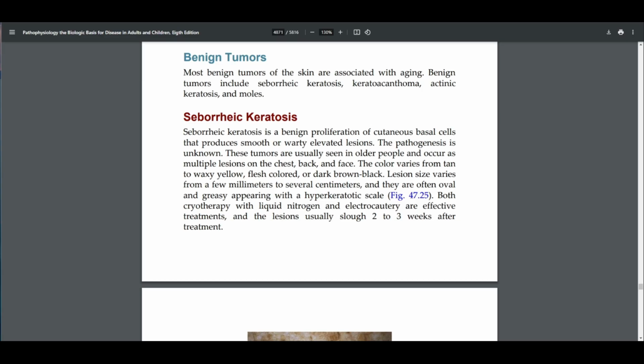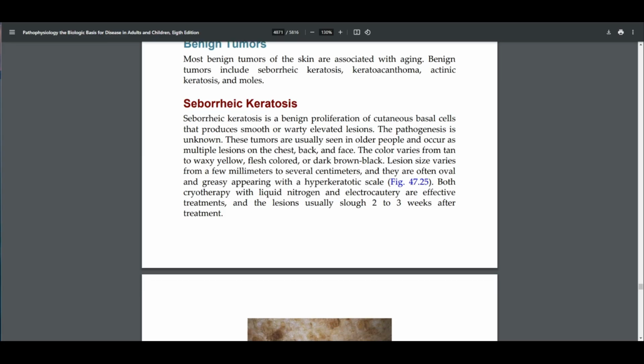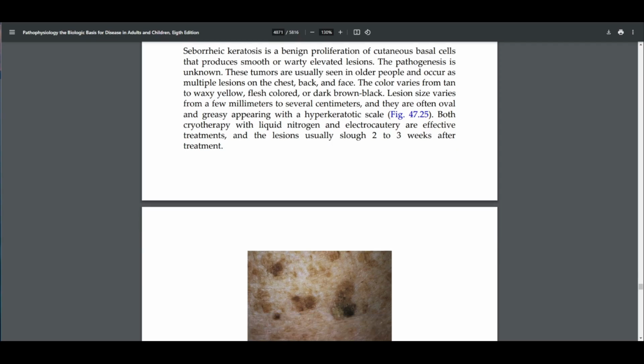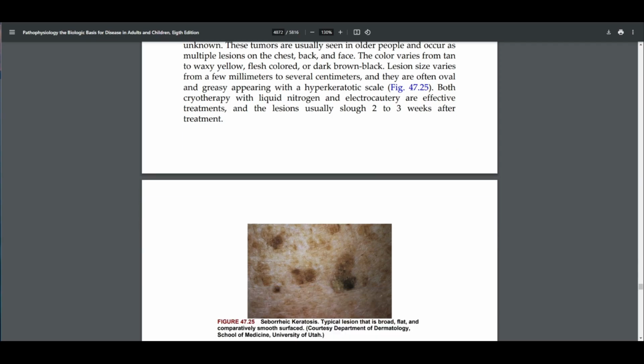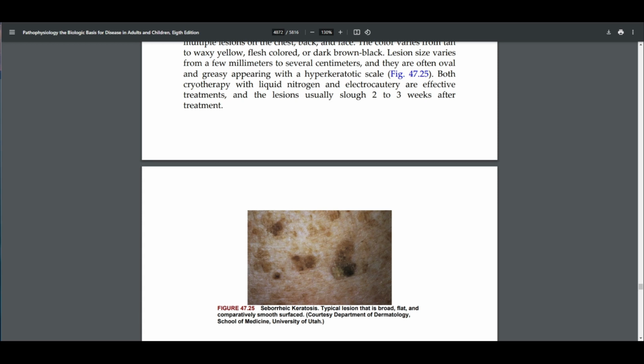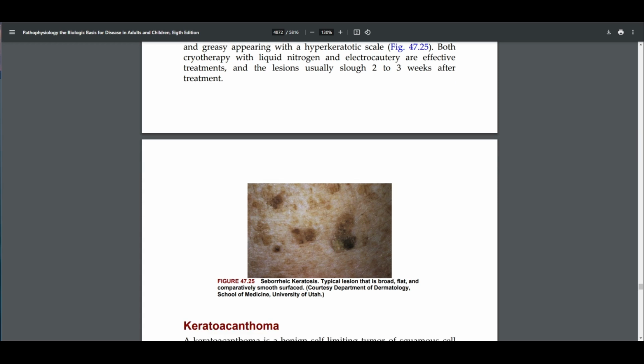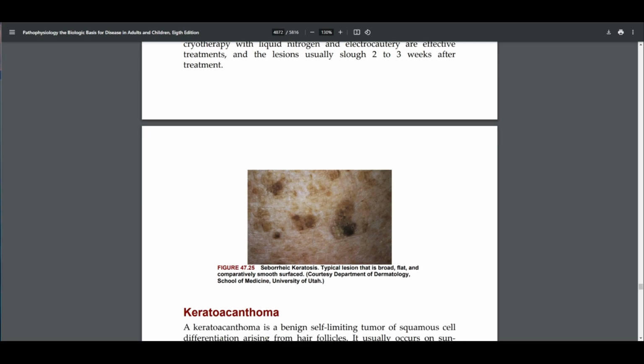Lesion size varies from a few millimeters to several centimeters, and they are often oval and greasy appearing with a hyperkeratotic scale. Both cryotherapy with liquid nitrogen and electrocautery are effective treatments, and the lesions usually slough 2 to 3 weeks after treatment. So here you're seeing the seborrheic keratosis.